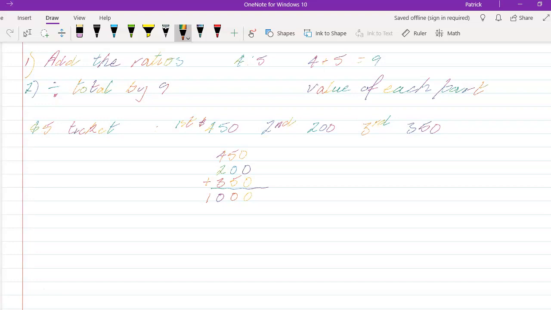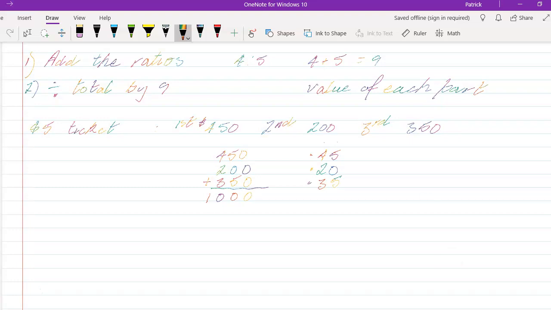What did each person contribute towards it? Now, of the $1,000, 450 is 0.45, 200 is 0.2, and 350 is 0.35. As we did earlier, we want to turn a decimal ratio into a whole number.